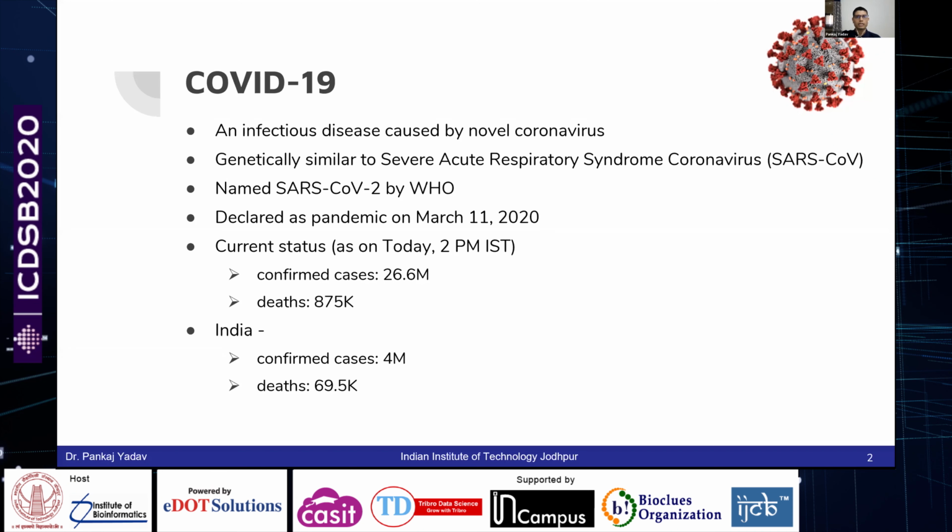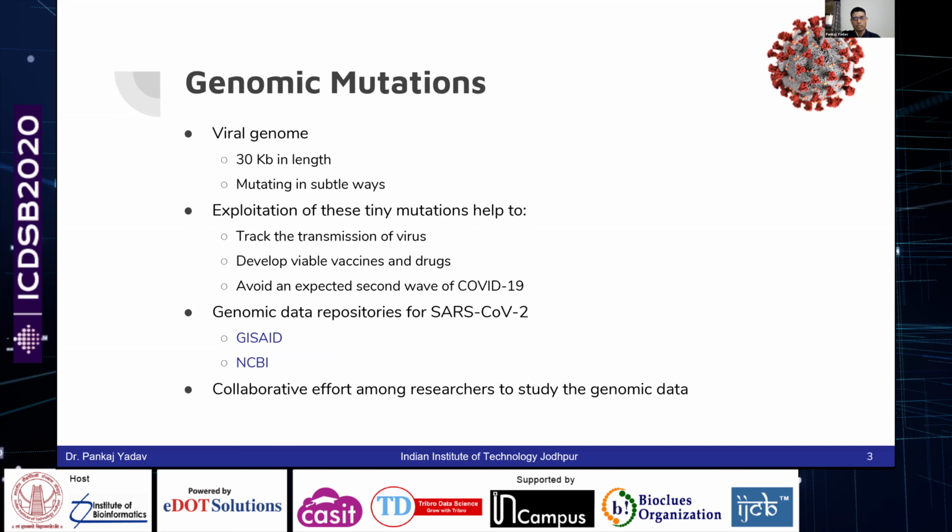As of today, there are around 26.6 million confirmed cases worldwide, and around 875,000 deaths across the world. In India, about 4 million confirmed cases so far, and around 69.5 thousand deaths.